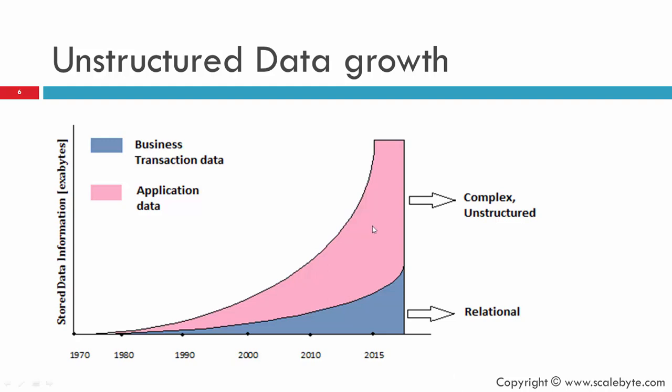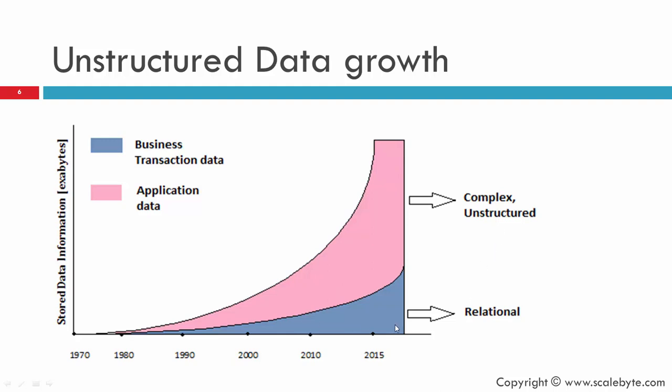Now if you consider the unstructured data growth, this is the business transaction data, the blue one, and the application data, the pink one. The pink data is the data that we are speaking about. See the growth of this pink application data; that is nothing but big data. It is complex and unstructured.